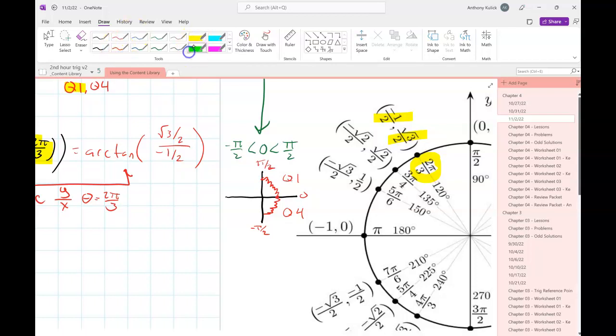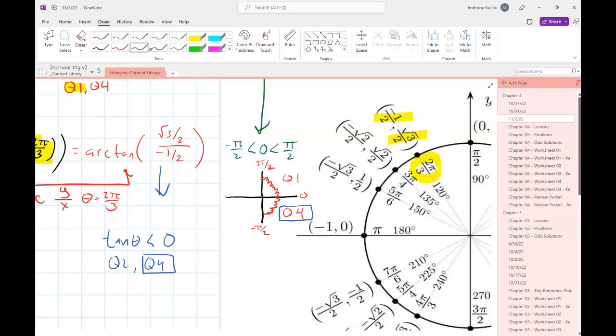I notice up here that this would be the same thing as saying tangent of theta should be negative. I don't even want to bother copying the whole number. All I really care about is that it's positive or negative, right? So from quadrants 1 and 4, which one can tangent be negative in? Quadrant 4, right? Could also be quadrant 2, but we don't care about that. Quadrant 4 is what we need.